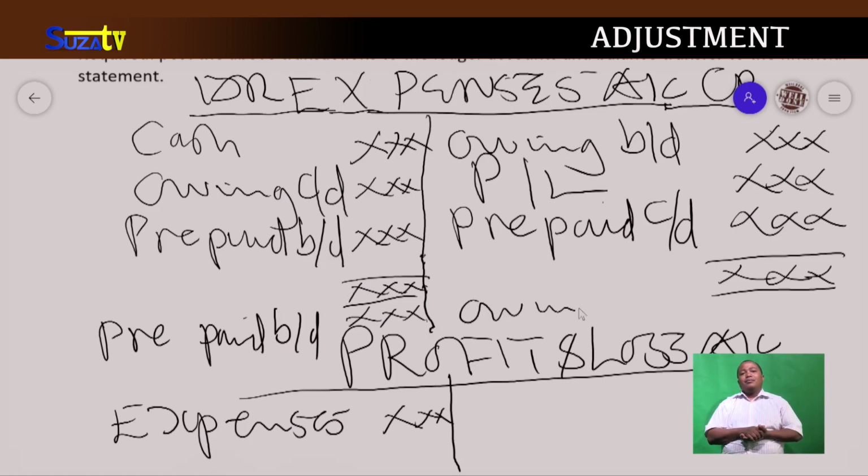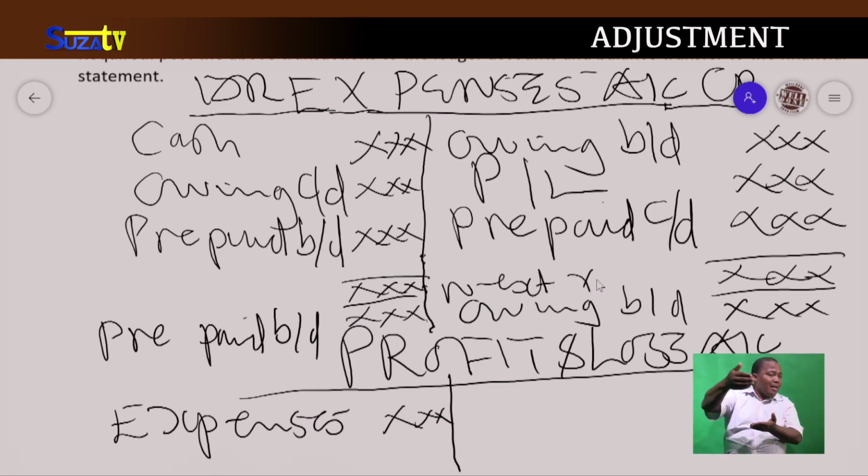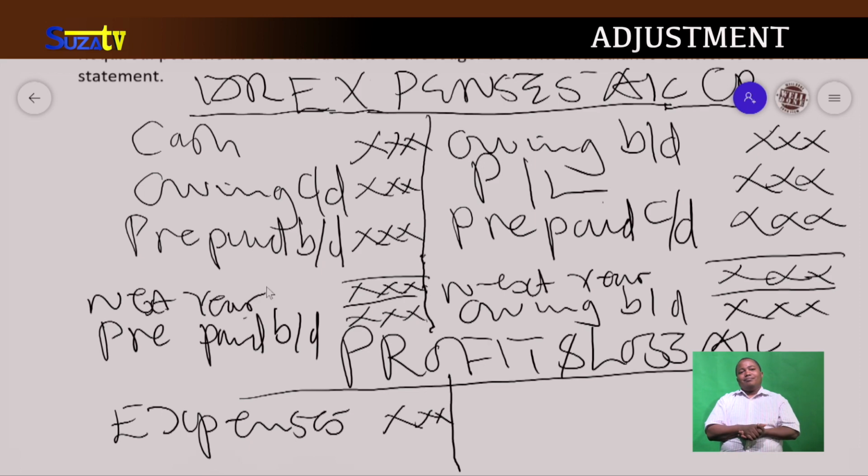You put here owing BD amount X. This is for next year. Okay. This is the structure of expenses account. How can we post the transaction through accrued and prepaid?